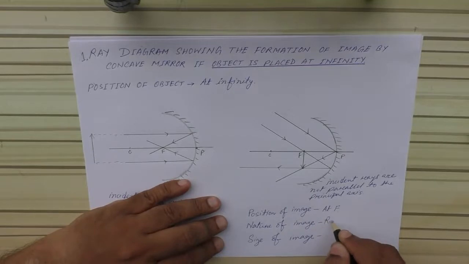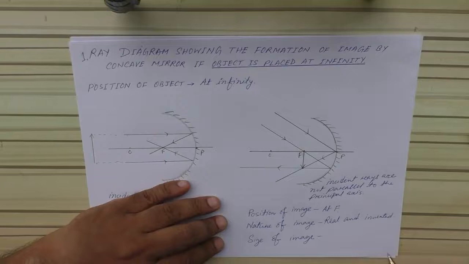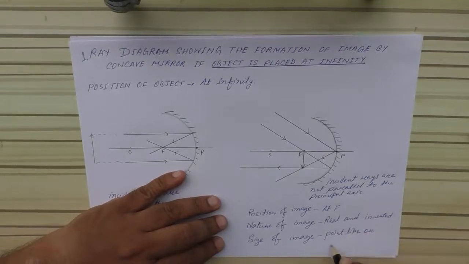Nature of image: real and inverted. Why real and inverted? Because the light rays actually intersect at that point. And the size of the image is point like, or we can say highly diminished.